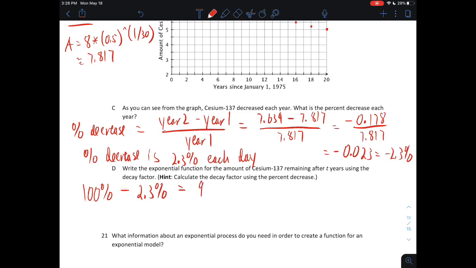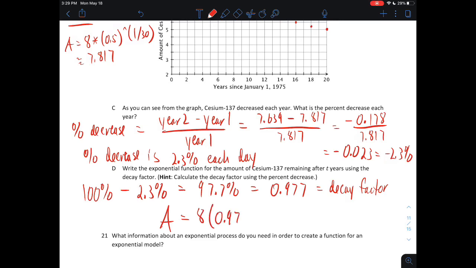That gives me 97.7%, or 0.977. That's the decay factor. So then our exponential function is A for the amount that's left, equal the initial amount, 8 grams, times the decay factor, 0.977, raised to the t power.